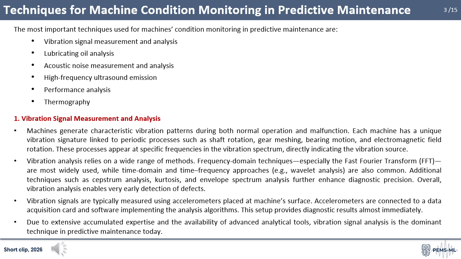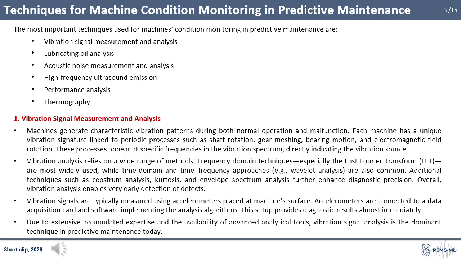Among these, vibration analysis is the most widely used, enabling defect detection at very early stages. Machines generate characteristic vibration patterns during both normal operation and faulty conditions. Each machine has a unique vibration signature related to periodic processes, such as shaft rotation, gear meshing, bearing motion, and electromagnetic field rotation.